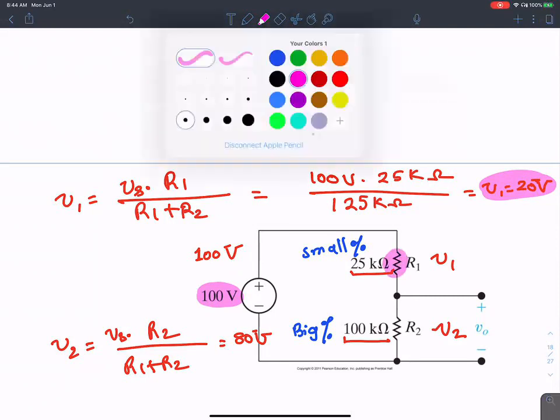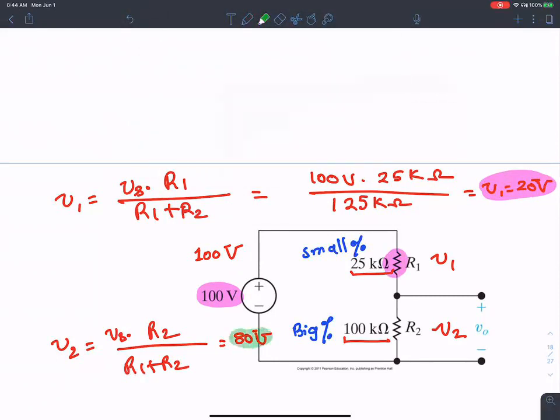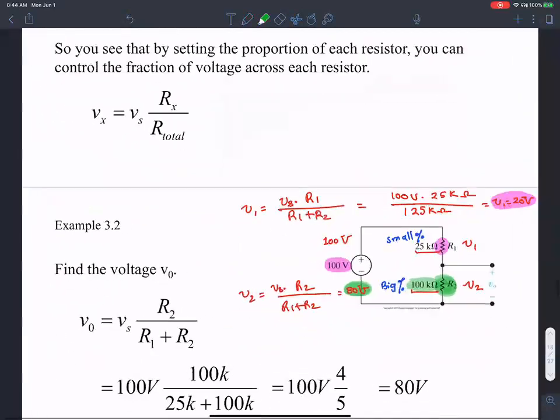That's the small percentage, as opposed to this guy, 80 volts, which is dropped across R2. That's mainly owing to the fact that the voltage that is dropped across a big resistance is big. Does that make sense?